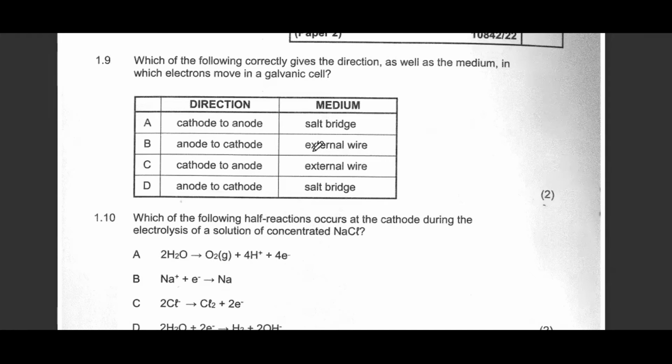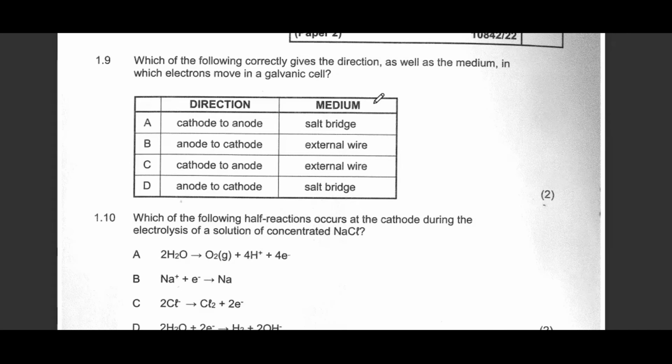Then 1.9, they are saying which of the following correctly gives the direction as well as the medium in which electrons move in the galvanic cell.